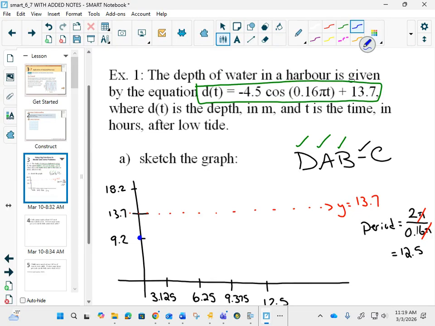And it will go minimum, center line, maximum, center line, minimum. Draw a nice smooth curve through each of those points and add your arrowheads. You've successfully drawn one period of this graph.